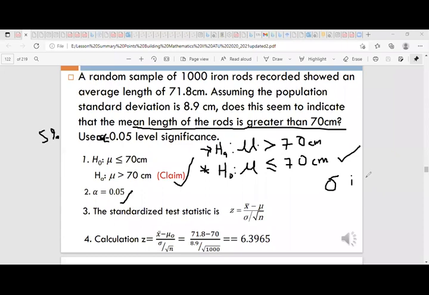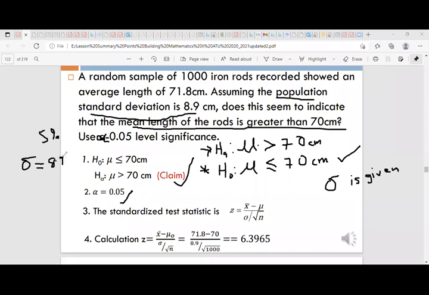You remember we said if sigma is given, you just use it. But when it is not given in the question, that is when you look at the size, whether it is large or small. But we are fortunate here. We're told, assuming the population standard deviation. So the population standard deviation sigma is given in the question as what?